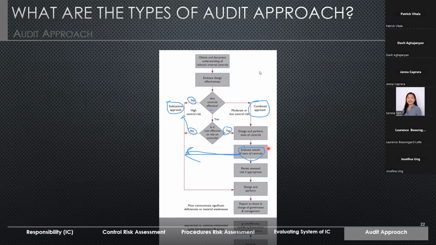Then you continue. Let's say you evaluate the results of the test of controls. It's not good. You see a deficiency, bang, you switch to the other side. You do a substantive approach. So always before, in the middle, and then at the end, you always assess, right? How's your system? How is it going? And if you see any deficiency, you can't trust it, then you switch to substantive at that point. All right?